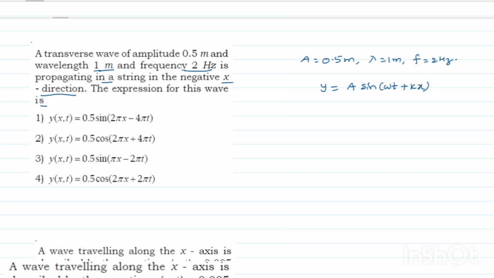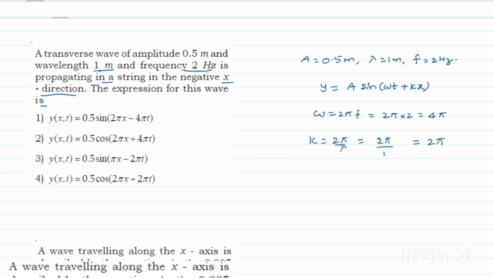Now just write the equation. Omega is 2 pi f, so 2 pi into the frequency of 2 Hz, which is 4 pi. For the k value, k equals 2 pi by lambda, which is 2 pi by 1 meter, so 2 pi.